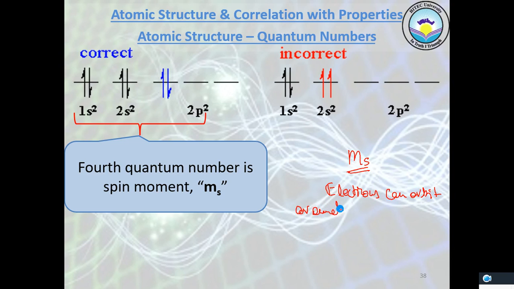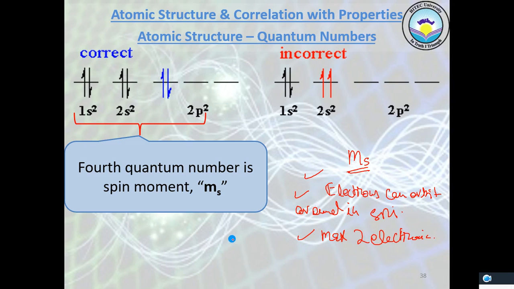Each orbit will have a maximum of 2 electrons. So what does the probability of spinning of an electron mean?